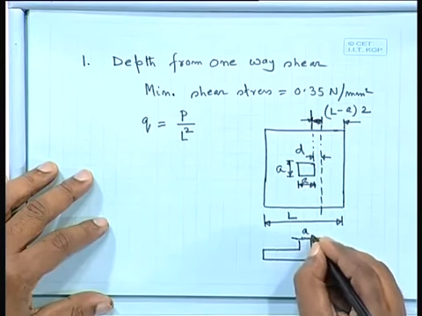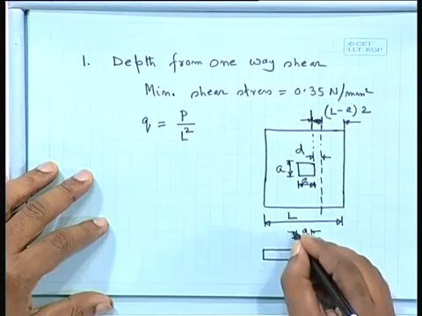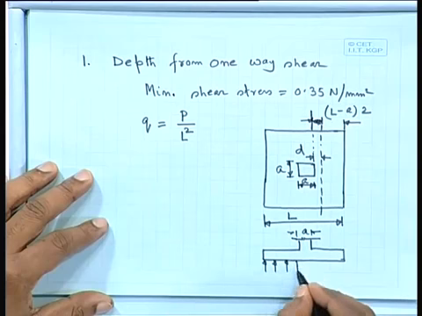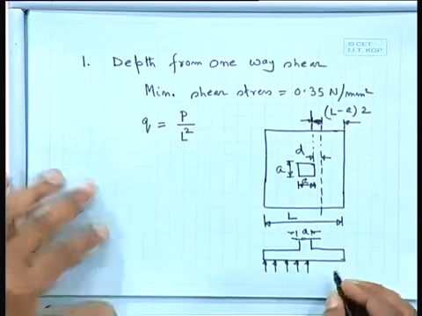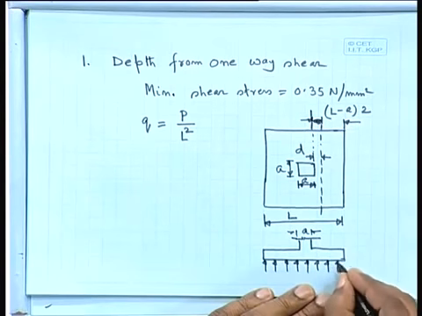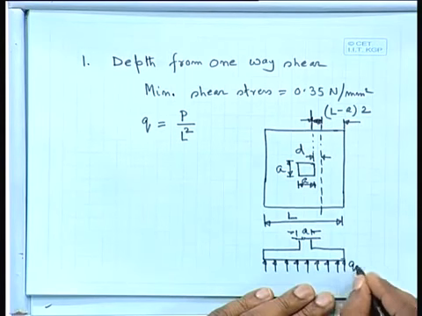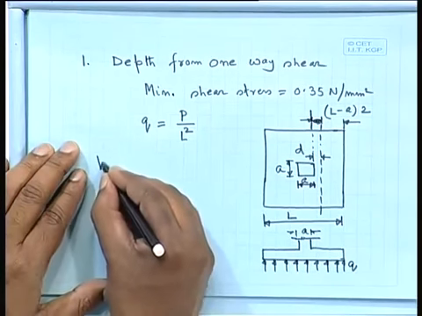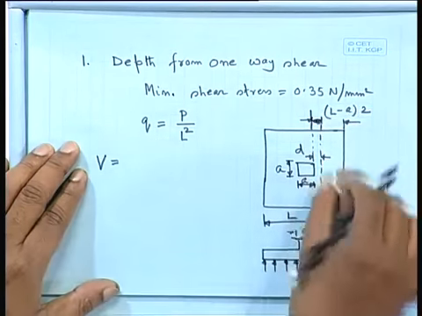So this is your A, and we have the uniform pressure, and that is Q. So V will be equal to the shear force V along this line.